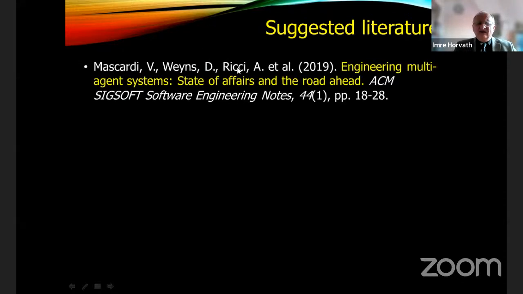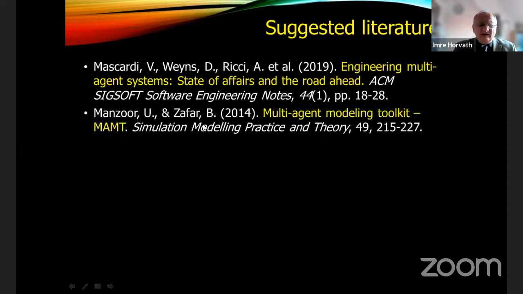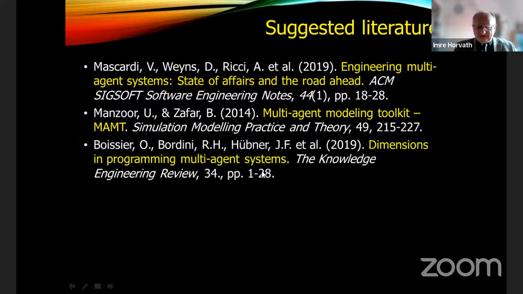And in the end, again, some suggested literature. First of all, Professor Rainer's group produced a very meaningful paper on engineering multi-agent systems, the state of affairs and the road ahead. I recommend to each of you to read or to have at least a deep look into this. Then the Manzoor and Zafar paper on the multi-agent modeling toolkit I was mentioning. Here you can find other technical information about it.